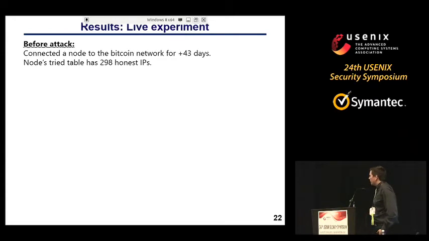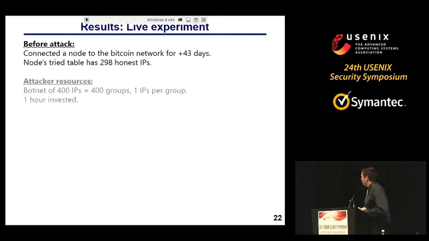So the second experiment we ran, we wanted to see how this would work against a realistic non-worst case node. So we had some Bitcoin nodes, we connected them to the network for about 43 plus days. The node that we're going to look at had a tried table of around 300 honest IPs, so it was not full at all.